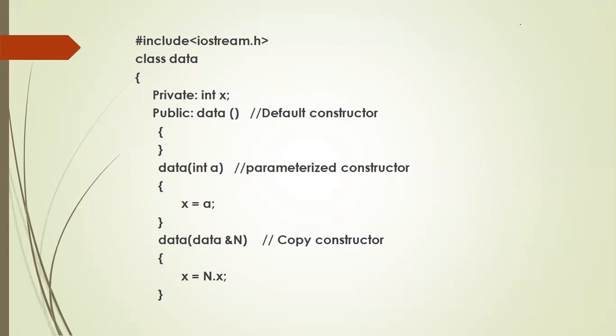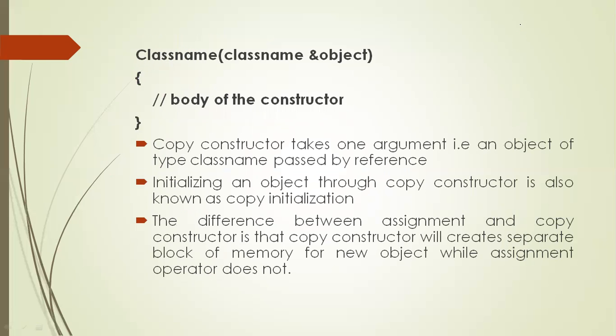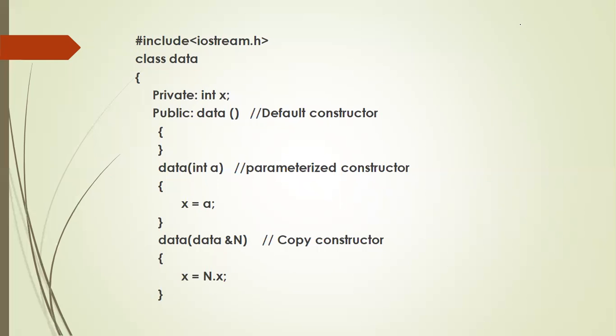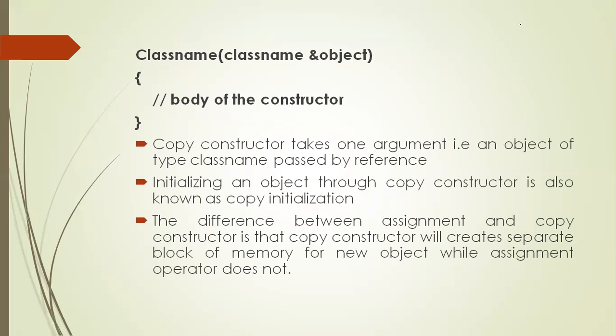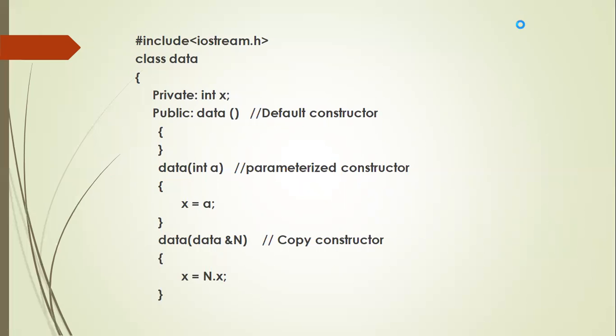The third one is the copy constructor. What is the syntax of copy constructor? First, the class name. And within the brackets, you have to pass one object as an argument by address. So the class name is data, and then data, ampersand, object name. Here the object name is n. Now you are passing the object called n as a parameter.